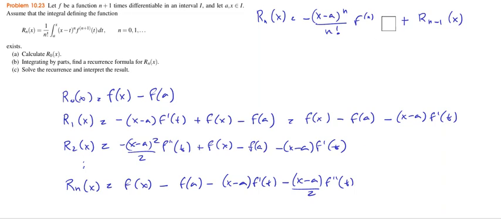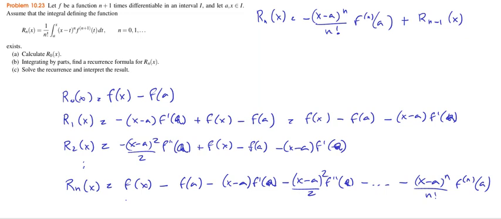I've been doing it wrong. So these are all at a, minus (x minus a) to the n divided by n factorial times the nth derivative at a.